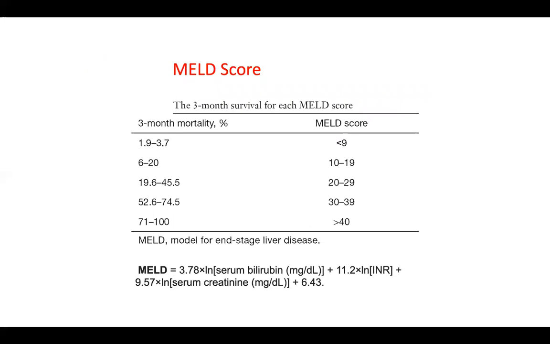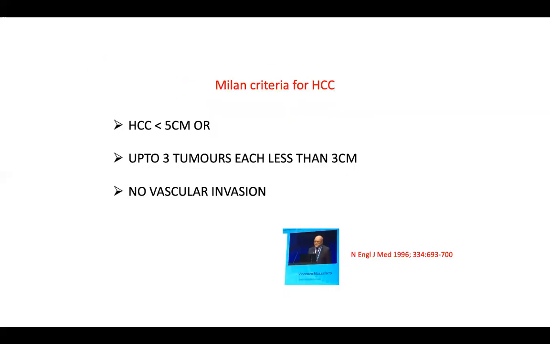The general criteria which we use to assess patients for listing is called the Model for End-Stage Liver Disease score. Usually if the score is above 15, patients are considered for liver transplantation.